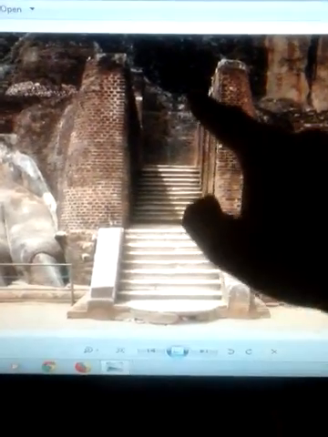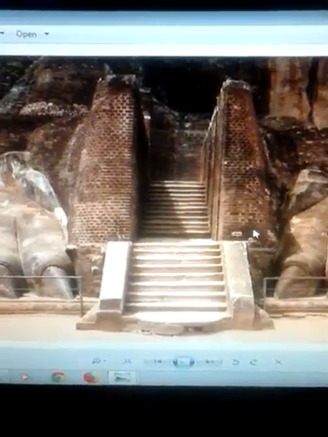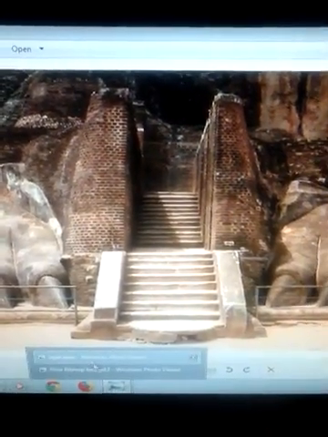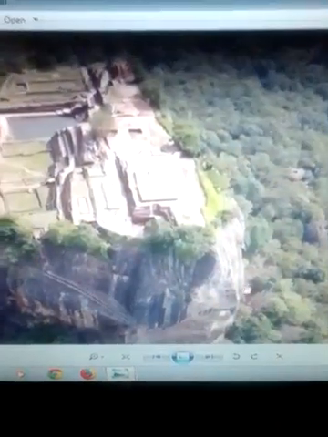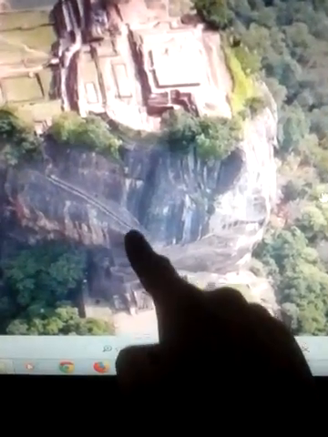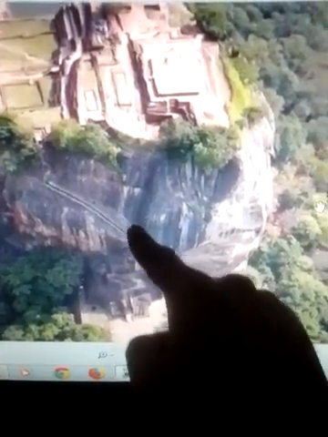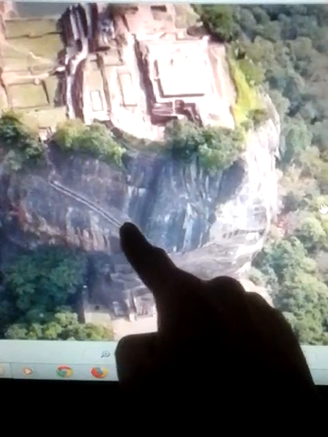Also, this passage has to be constructed all the way into this direction, so we cannot find that archaeological evidence at the moment.